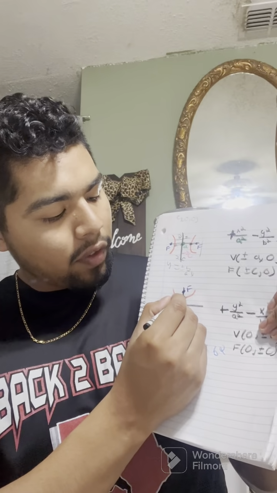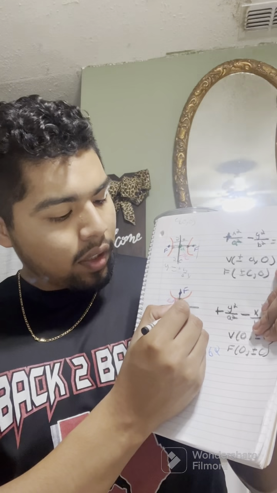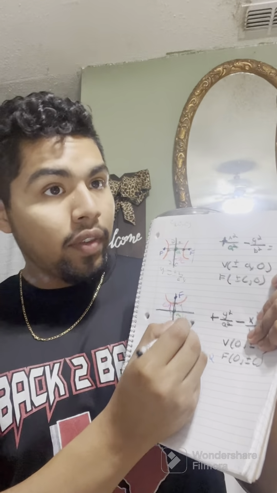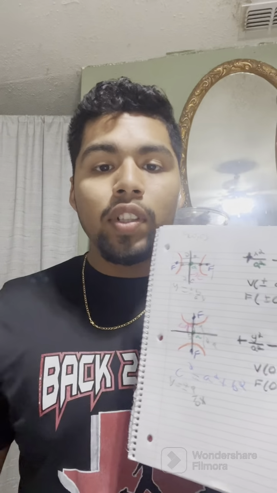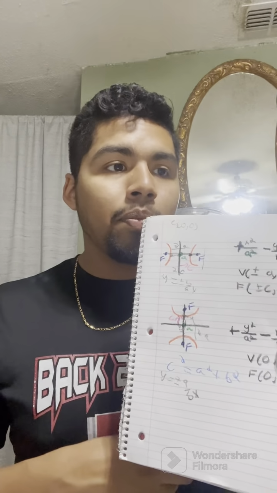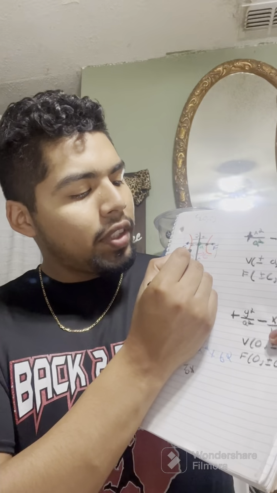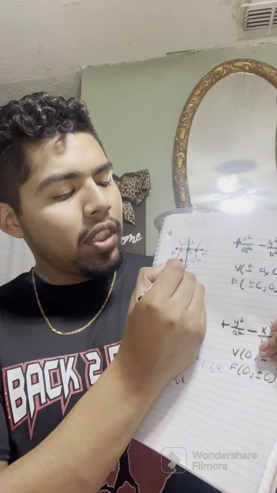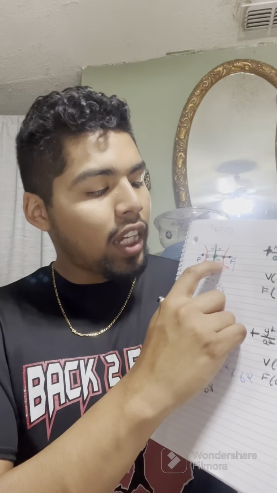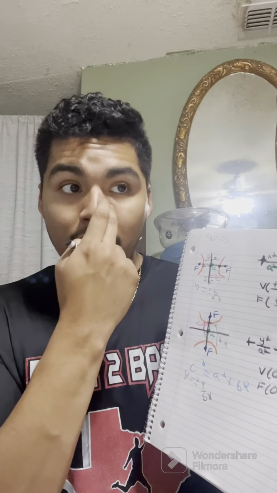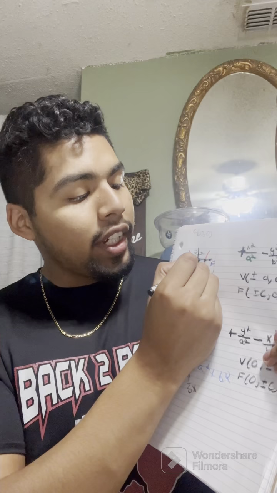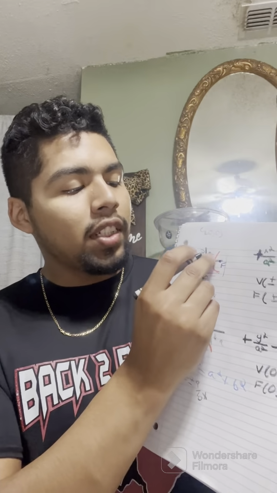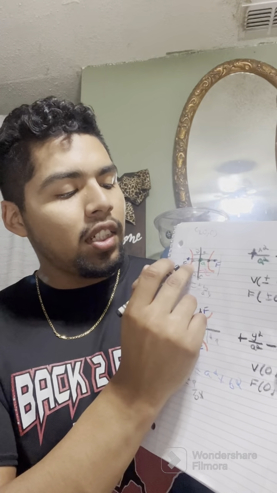Same thing here, from here to here would be 2a. So horizontal and vertical transverse axis. Remember the distance between the foci, the two focal points, is going to be 2c, because this one's half, this is the other half, so it'll be 2c. And this one would be 2a, because it's from here to here.